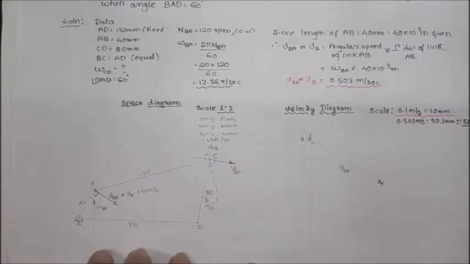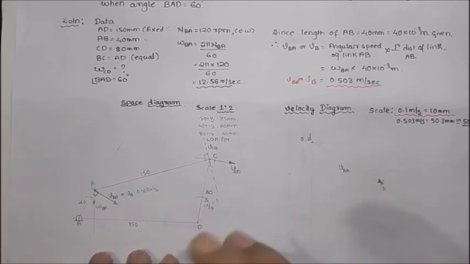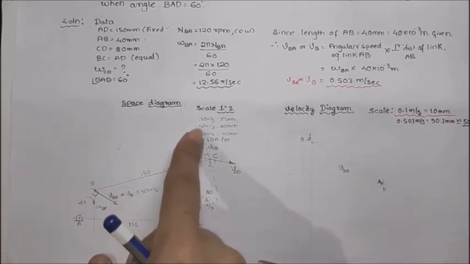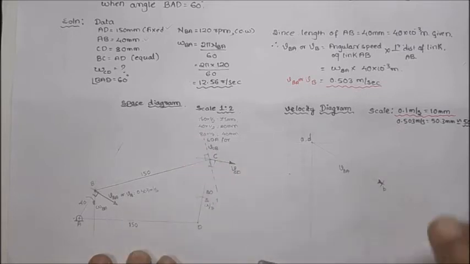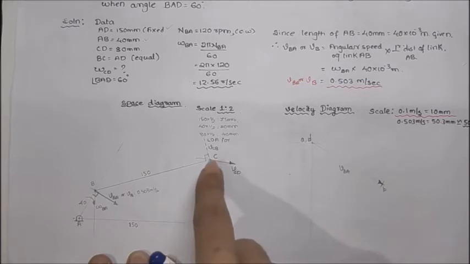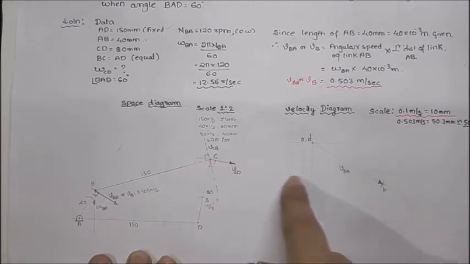Now what I have to do? I have to mark this one as point b. Next, what we require is the line of action of the velocity of CB. This CB line is going to pass through this particular point. We don't know the magnitude of this one, but we know its direction.